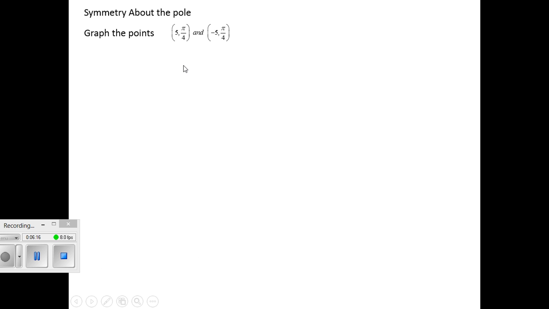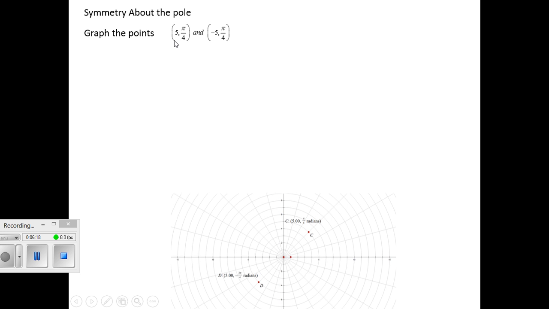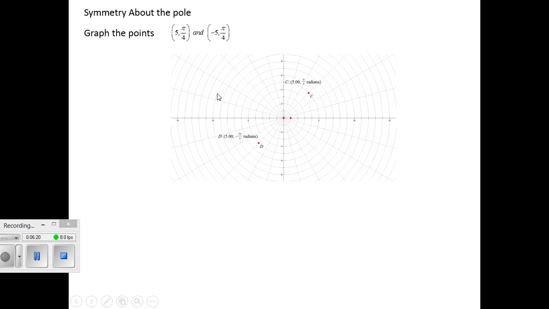Symmetry about the pole is when we replace r with negative r. So 5 pi over 4 and negative 5 pi over 4 would be symmetric about the pole.